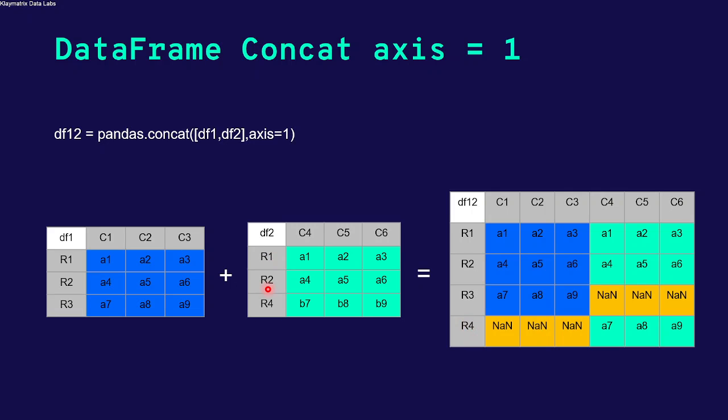R1 and R2 are common, so you see how it is getting structured. You get the output in which the columns are put left to right, from the first data frame and from the second one. So you're getting the data stacked left to right, unlike axis equal to 0 where it was put one over the other. Let's proceed to our coding window and see how we can use concatenation.